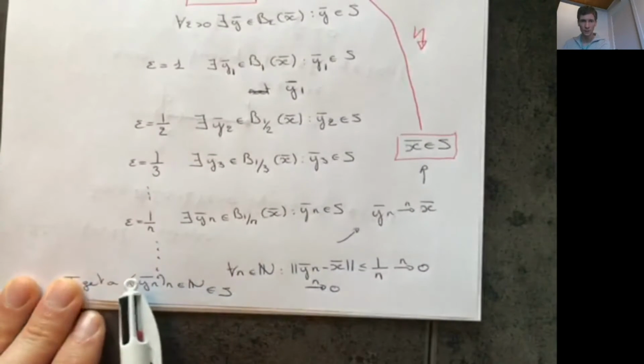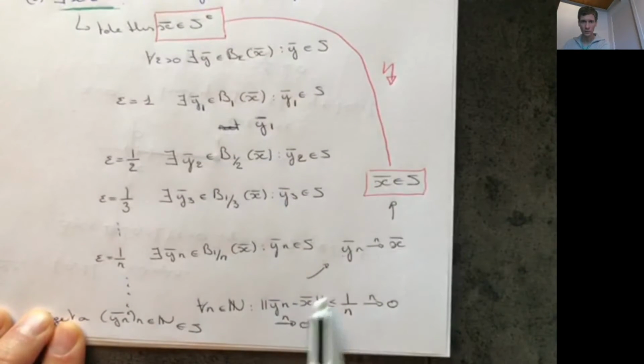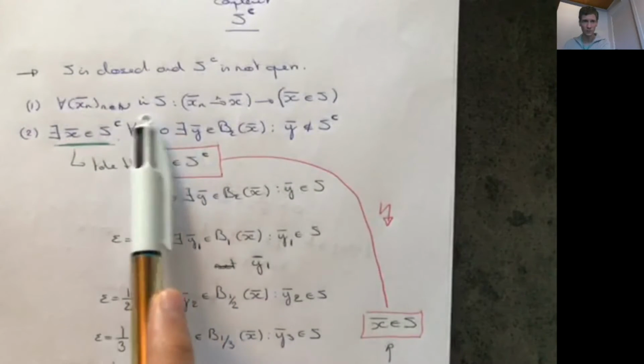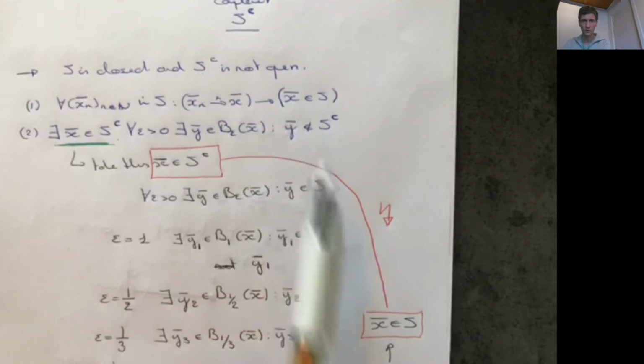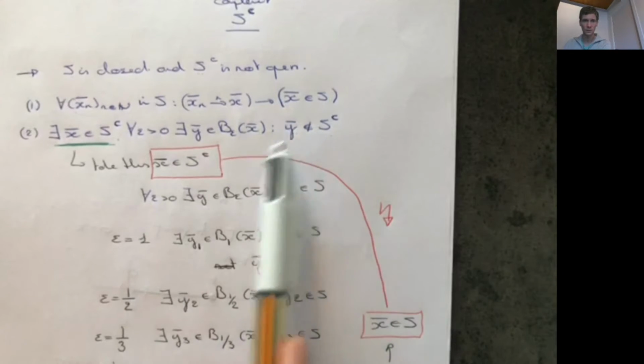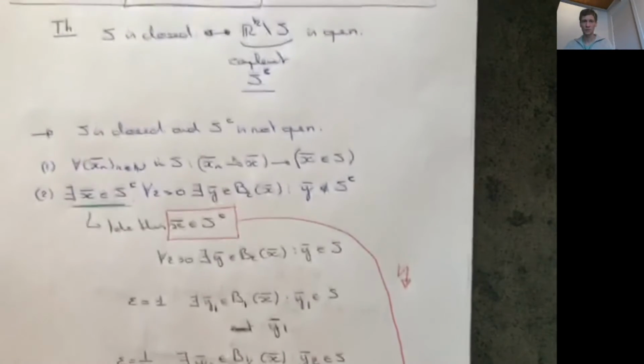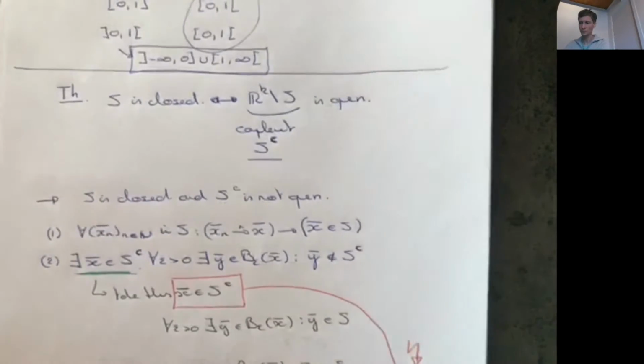So this generates a sequence in s, which we assume to be closed. It gets closer and closer to x, so in particular it converges to x. So because s is closed, this requires the limit x to be in s, which contradicts the fact that we took x to be in the complement of s. The vector cannot be both in s and in its complement, so this gives the desired contradiction.